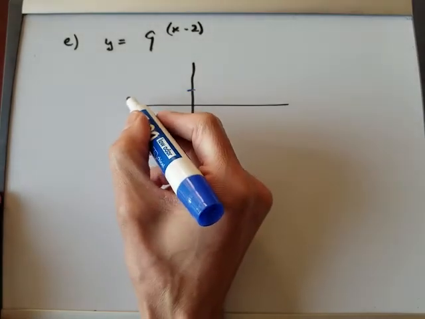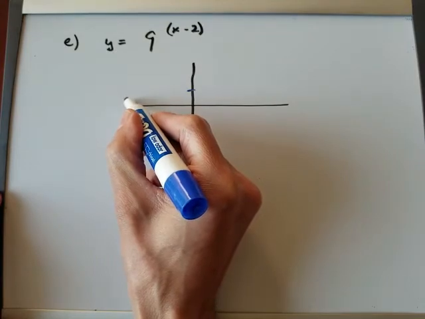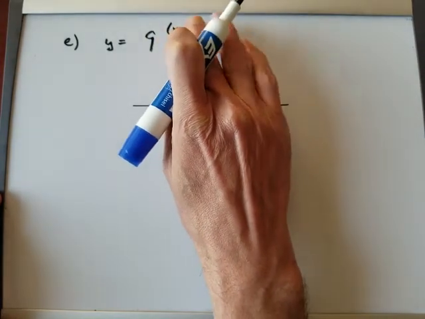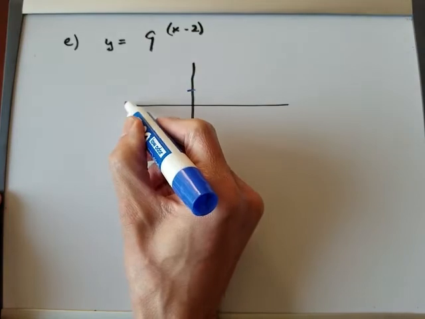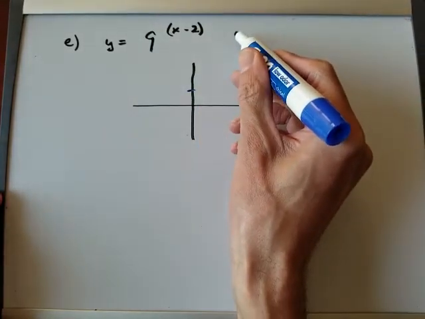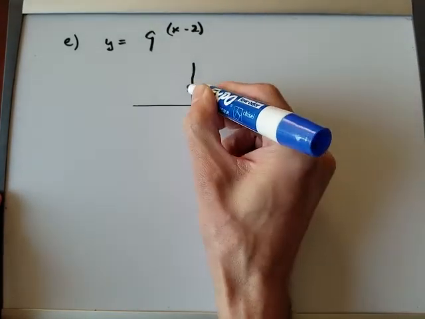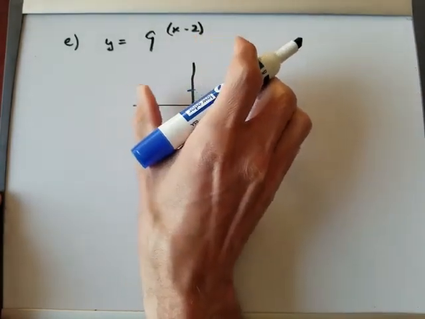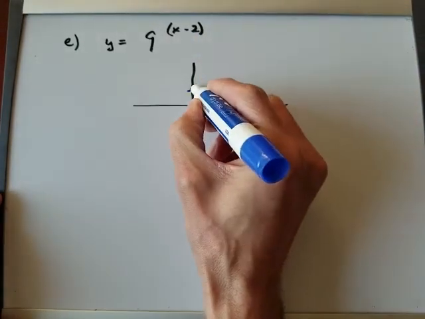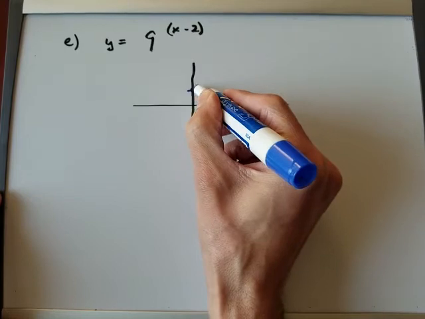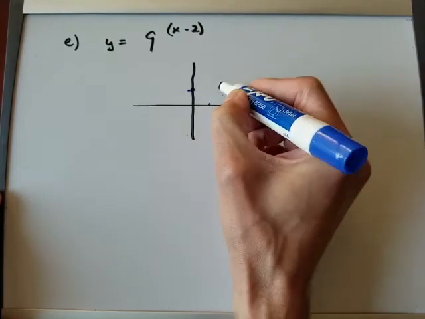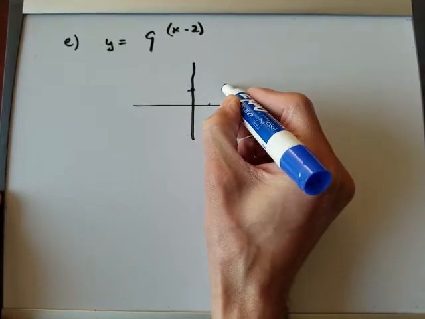Well, here's what you could do. Just watch as I air draw it and listen carefully. Normally, if you just had y equals 9 to the power x, it would come up through 1. What will happen is everything moves over. So we could move that whole graph over, and this y-intercept that would have been through 1 would actually get shifted over. Then the graph would look something like this.